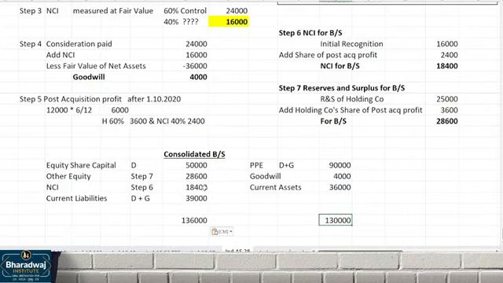Okay. Other equity, what is the dividend payable? What is the dividend payable? 6,000. I just put it in, post acquisition profit is worked out based on that only. Think.